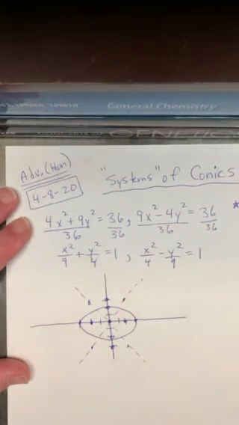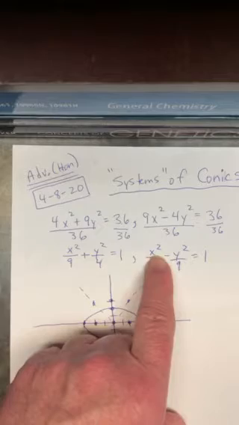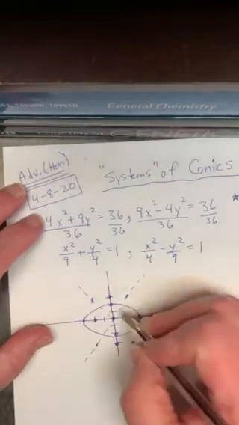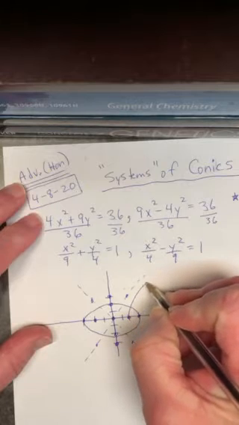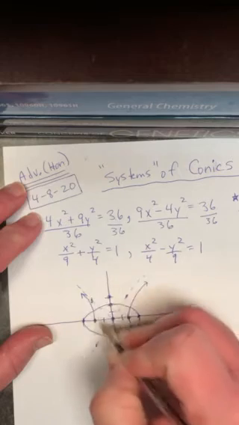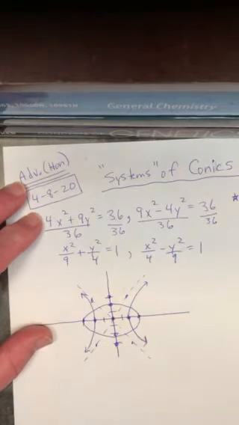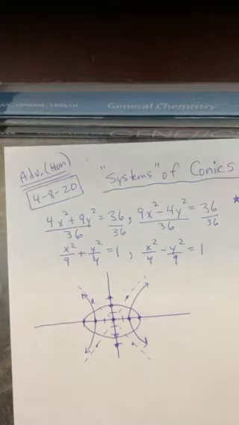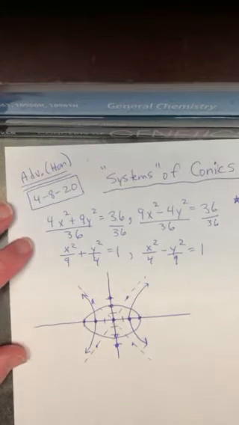And remember the rule, because the x squared is first, this hyperbola opens left and right along the x-axis. So it's going to go that way and that way, getting closer and closer to the asymptotes. Kind of looks like we've got a football here, right? An oval shape with a couple of strings through it.